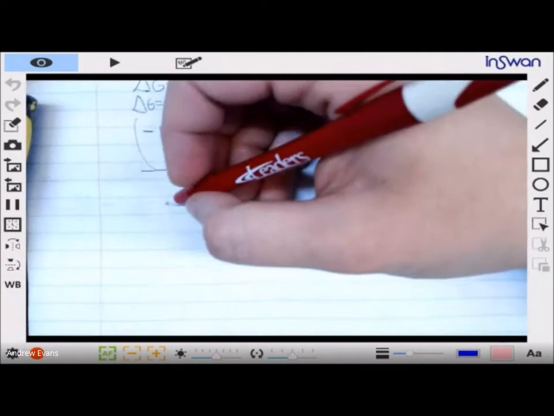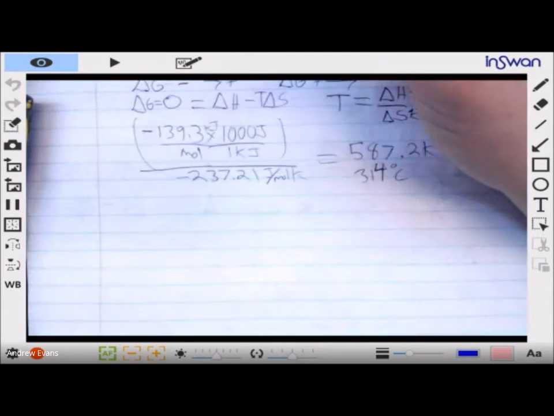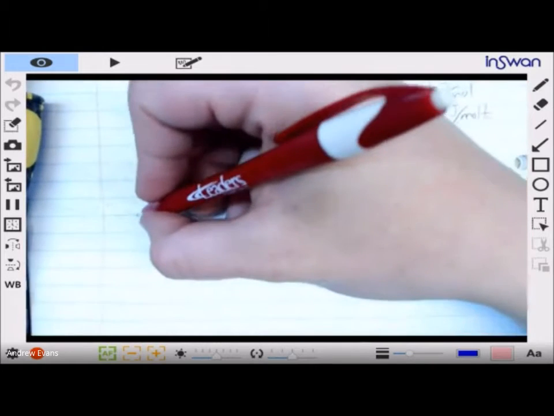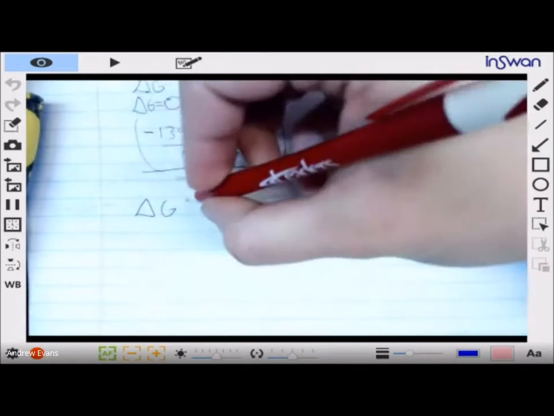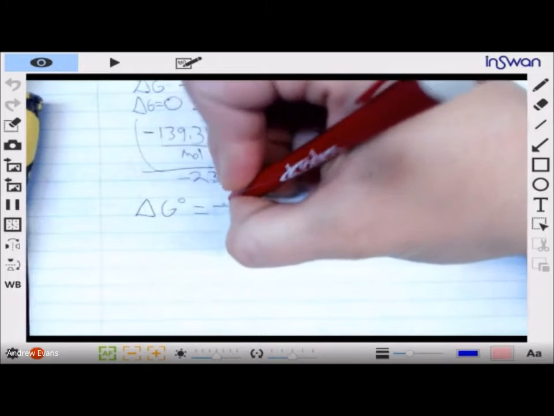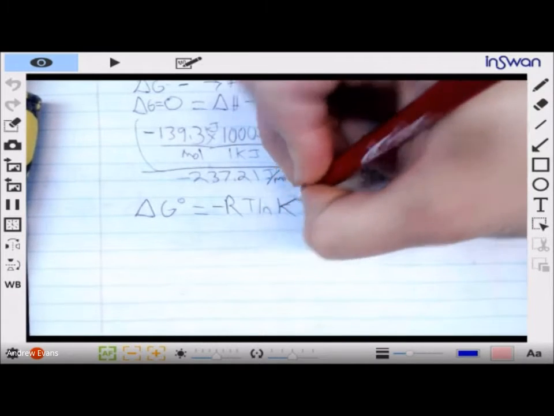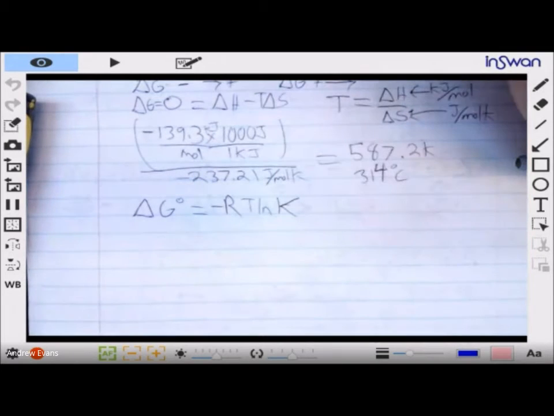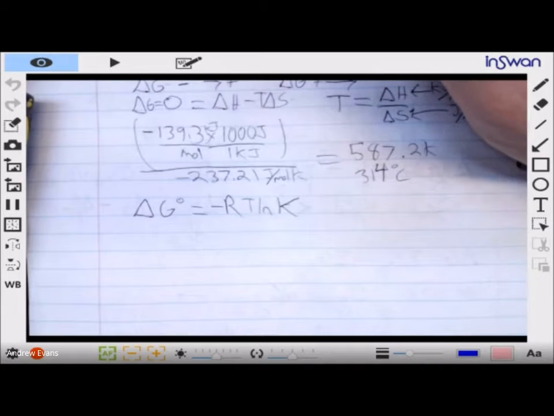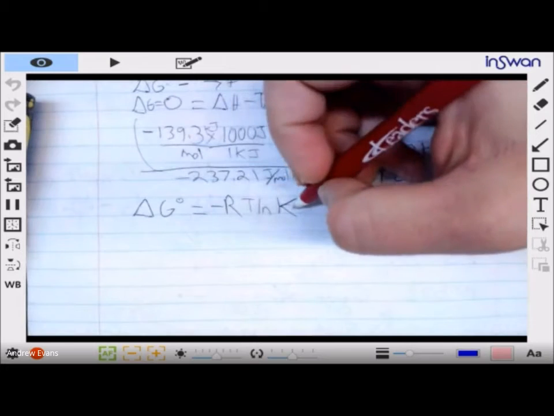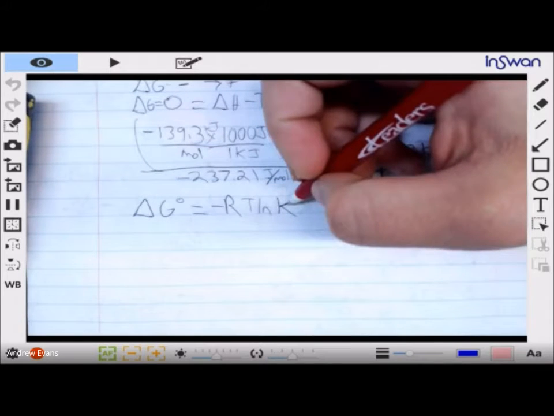Delta G is dependent on temperature and K is dependent on temperature, and we can relate them by delta G standard equals negative RT ln K. It doesn't matter what K value you have, delta G is related to K. Could be KSP, could be Ka, could be just a regular K.